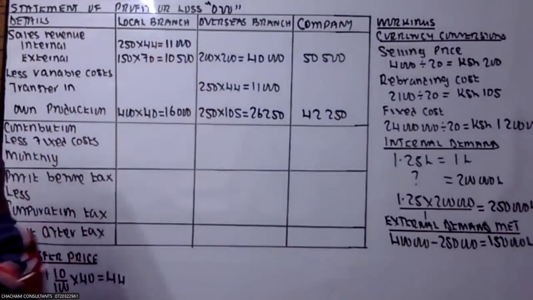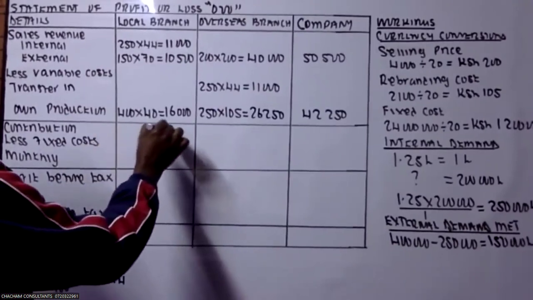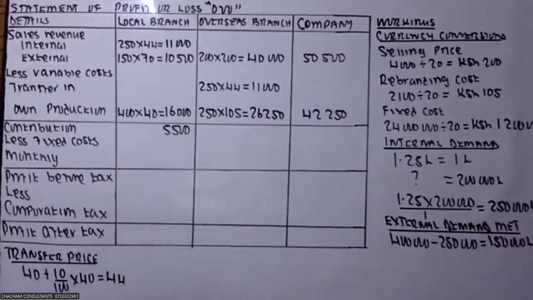This plus this, you minus 16. $5,500. Higher. This one, 40 minus these two. $27.50.